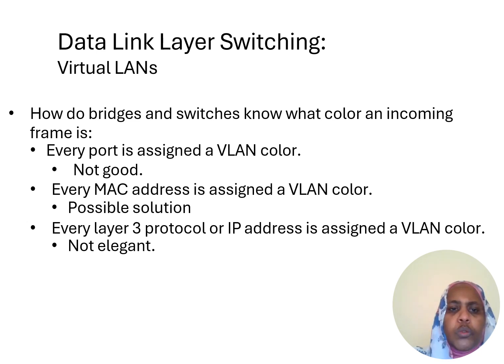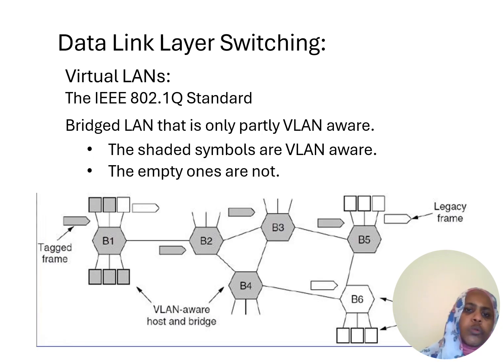This is a possible solution, but it will restrict us more. Or every layer 3 protocol or IP address is assigned a virtual LAN color, and this is not an elegant solution.